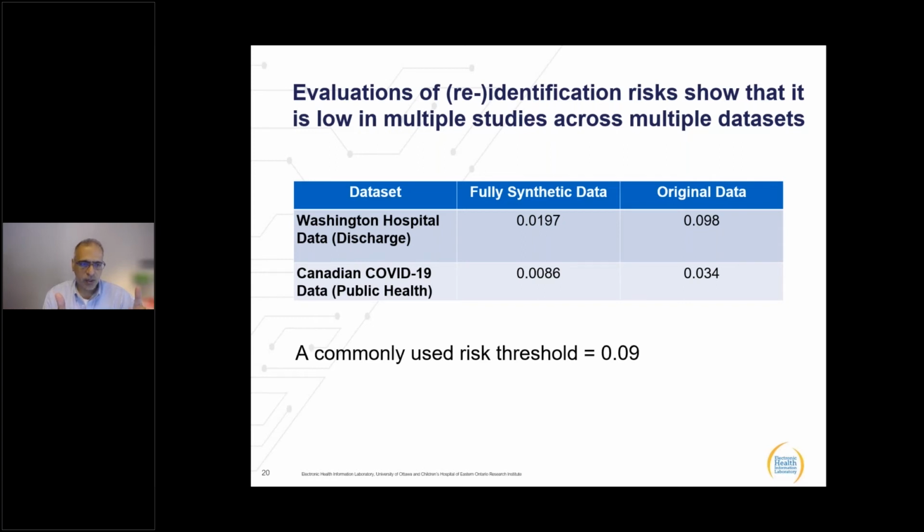Two data sets, the Washington State Hospital Discharge Database and the Canadian COVID-19 case database, at the time that the paper was published, which was towards the end of last year. And as you can see here, these are the measured values for the fully synthetic data sets. And we used the 0.09 threshold. As I mentioned, this is the European Medicines Agency, Health Canada, Centers for Medicare and Medicaid threshold, a commonly used one. But the probabilities from the synthetic data are much lower than that.